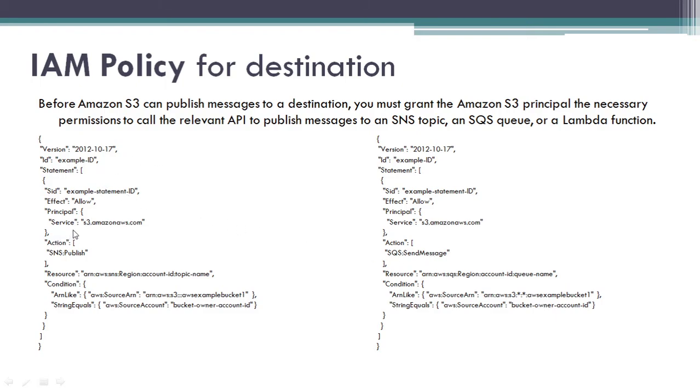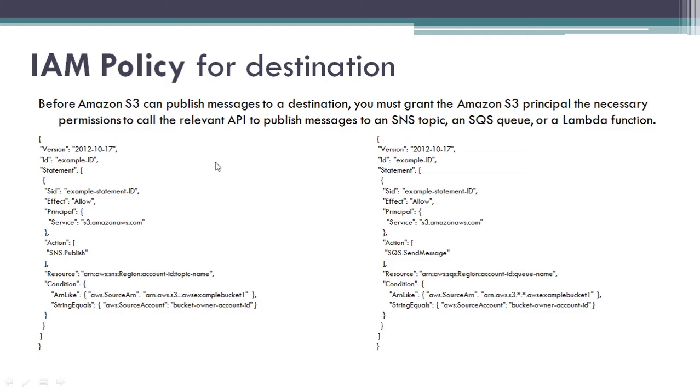The principal here is Amazon S3, and for the action you can set SNS publish, and in the resource part you can put the ARN of your SNS topic name. The condition is ARN like, the ARN of your S3 bucket, and string equals AWS account, the bucket owner account ID.